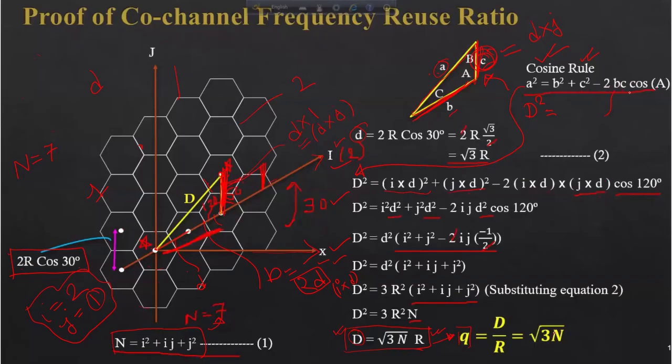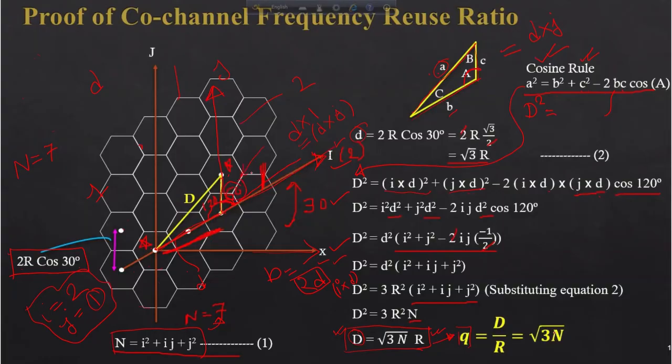Now cos A is the angle between this small b and this small c. We have to derive this angle. So let's see, this is our I axis and this is our j axis. Between the I and j axis, we have to maintain a 60 degree angle difference.